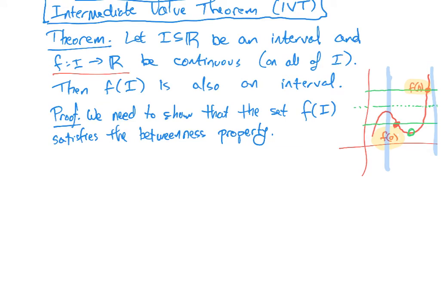Okay, so now to show we satisfy the betweenness property, let's take two values in f of I and a value in between. So suppose we have f of a, that's a value in f of I, and we have an f of c, it's a value in f of I, and then we have some real number u in between them.